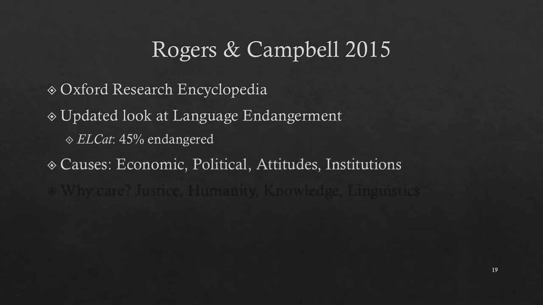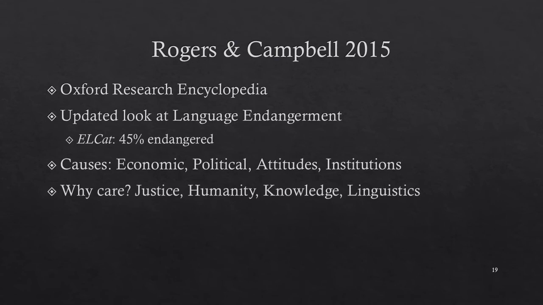The rest of the article looks at causes, and they list economic causes, political causes, language attitudes, and the effect of institutions. And they also talk about the response to language loss, and why we should care about it from the perspective of justice, perspective of humanity, of knowledge, and linguistics.